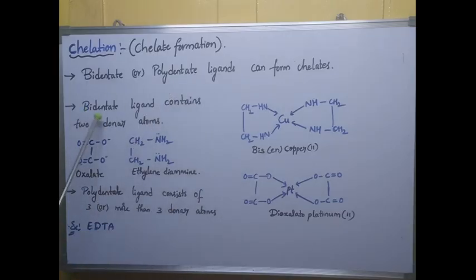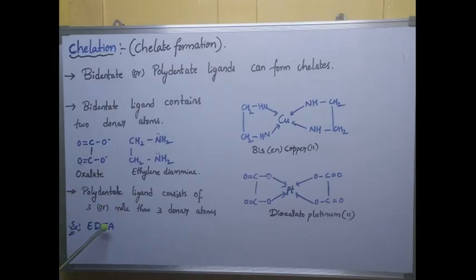A bidentate ligand consists of two donor atoms. You can see here oxalate and ethylene diamine. In ethylene diamine, you can observe two nitrogen atoms acting as two donor atoms, and oxalate is acting as a bidentate ligand where two oxygens can donate two electrons easily. These are good donor atoms. Now polydentate ligands consist of three or more donor atoms.